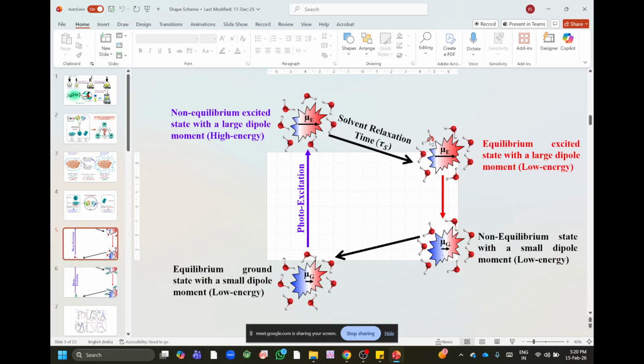Now see, the orientation of the water molecules has changed here. So the dipole moment of this water is here and here. So the dipole moment of this water molecule is going like this, in the upward direction. So look at here.